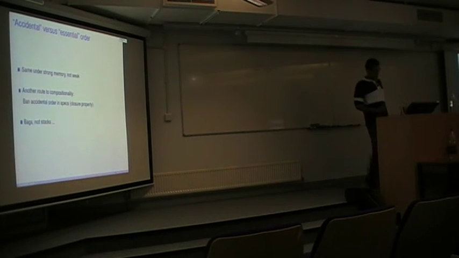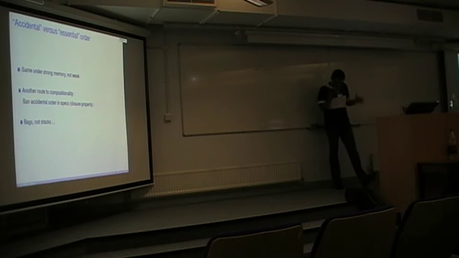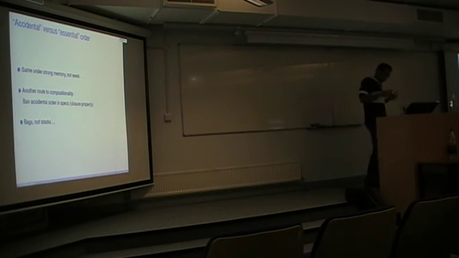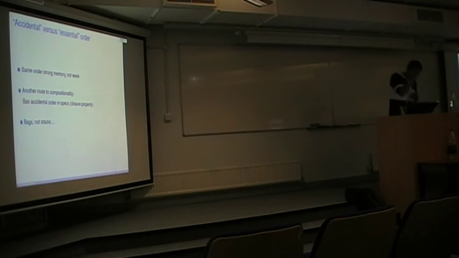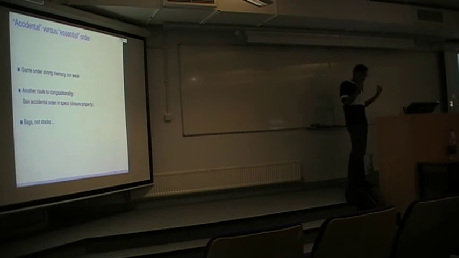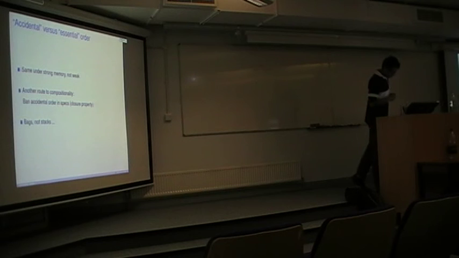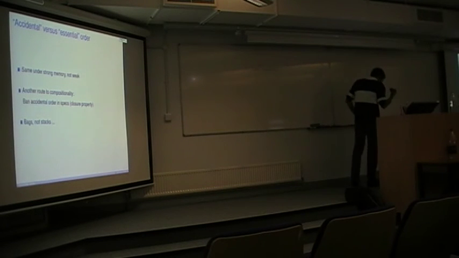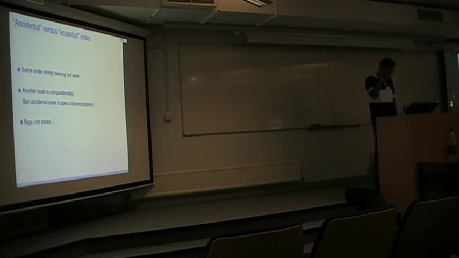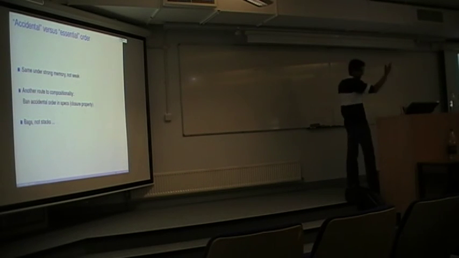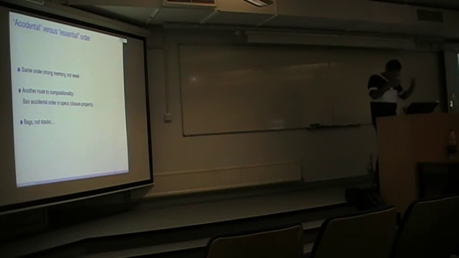So in the world with a single processor, interleaving gives you accidental orders, and that's crucial to how linearizability works. And it gives you really elegant ways to establish compositionality. Now, in our world, we are suggesting a different route to compositionality. We are saying, remove accidental order in specs. So take specs and close them under the orderings which are not specified.